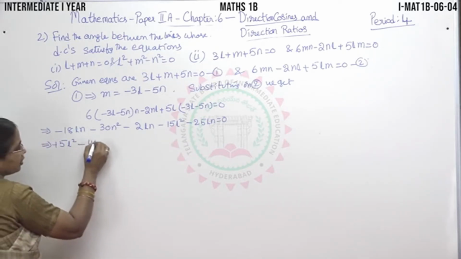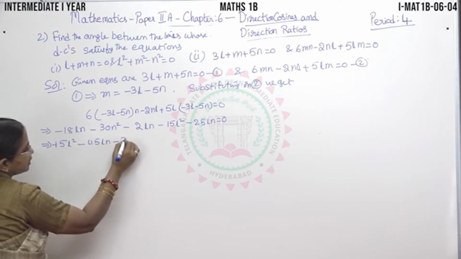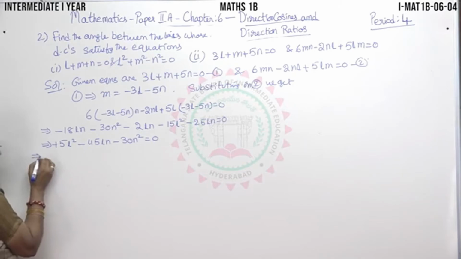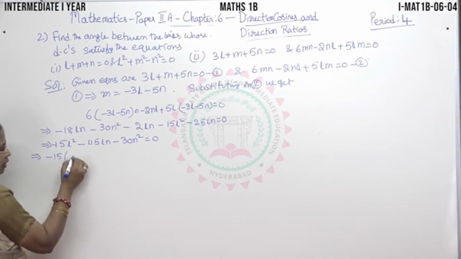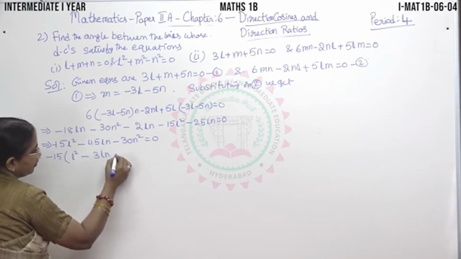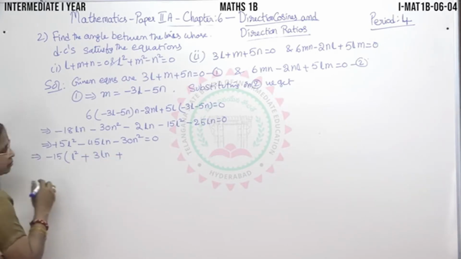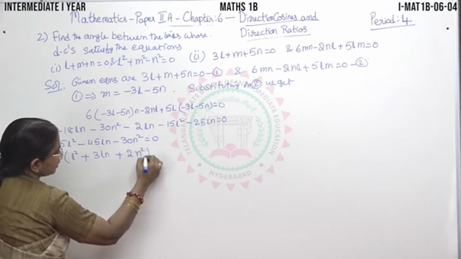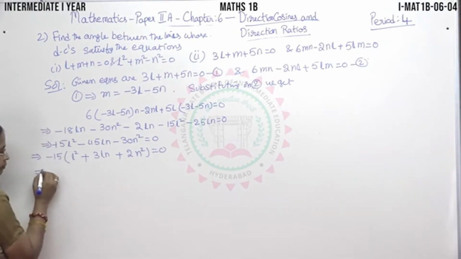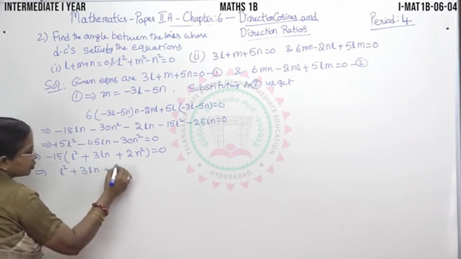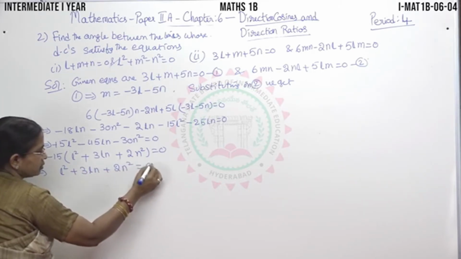So minus 45Ln minus 30N square is equal to 0. You can take minus 15 common. Then it becomes L square plus 3Ln plus 2N square is equal to 0, since 15 2 is 30.